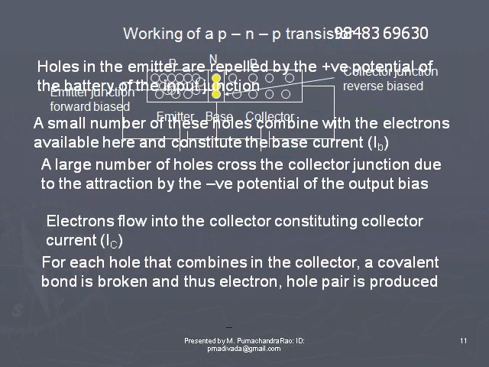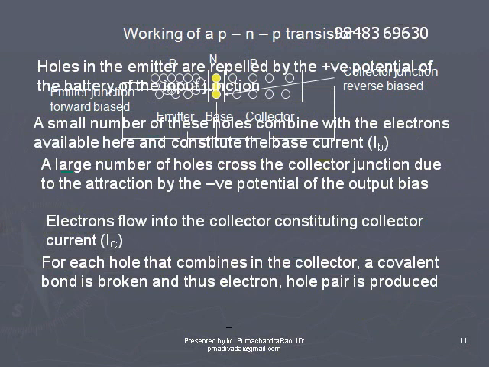Briefly, holes in the p-type material, the emitter, will be repelled by the positive potential and cross the emitter junction. A few of these holes combine with the electrons in the base and a current is constituted in the base, that is the base current. The majority of the holes coming into the base cross the collector junction and combine with the electrons coming from the bias in the collector, and thereby a current flows in the collector circuit, that is the collector current.